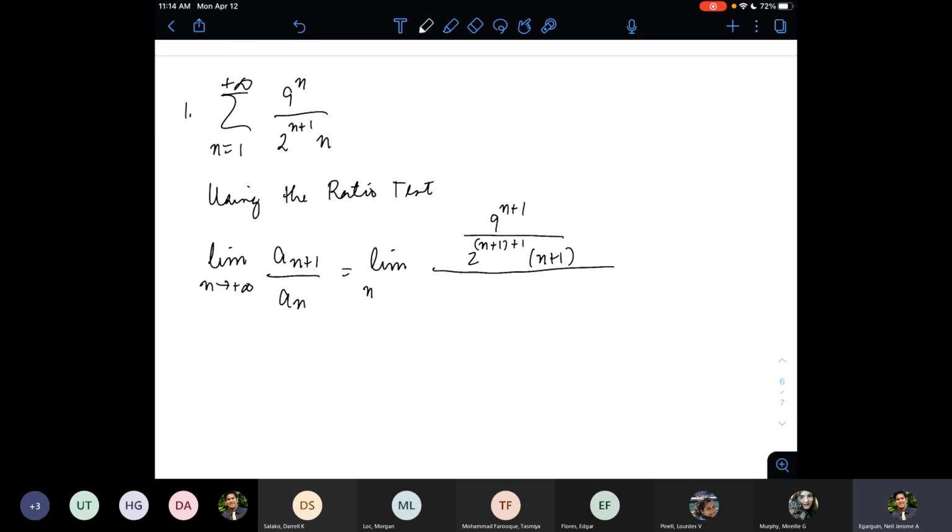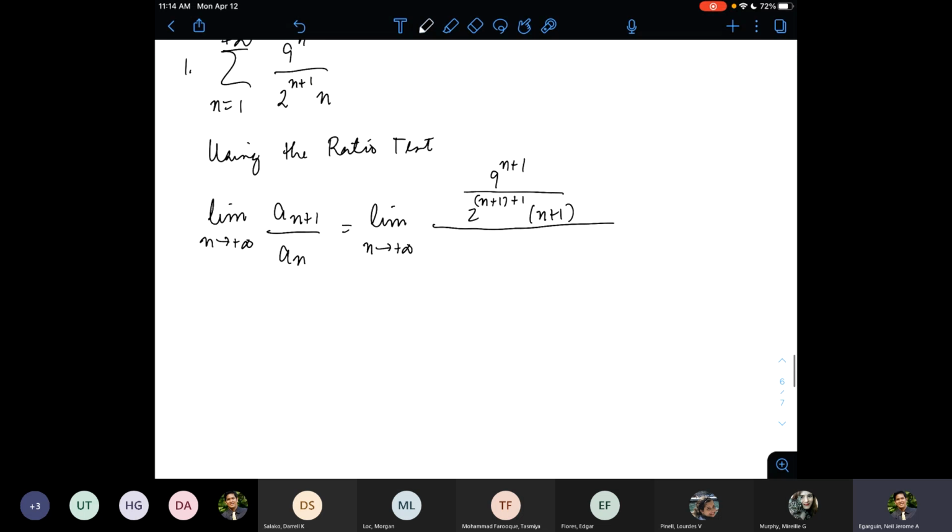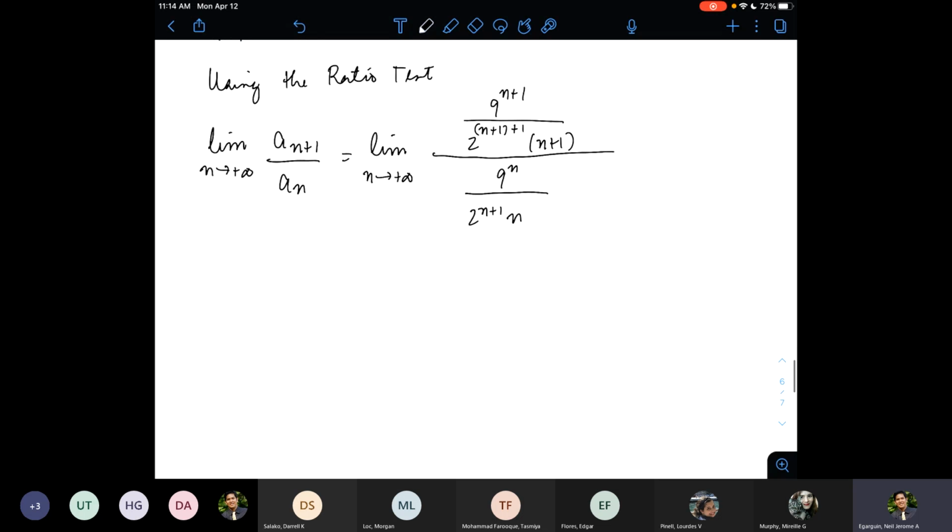So everything gets replaced by n plus 1. And then for the denominator, this is a sub n, basically the given term in the series. Then I'll simplify before taking the limit. This is a complex quotient, so what I'll do is write it as a product. So 9 to the n plus 1 over 2 to the n plus 2 times n plus 1, times, remember what happens when dividing a fraction, you can write it as a multiplication by the reciprocal of the divisor.